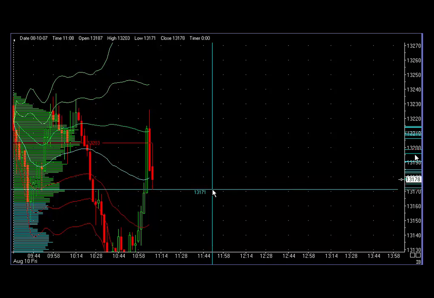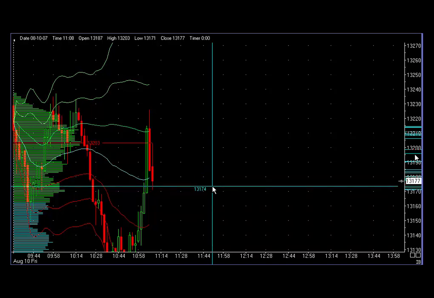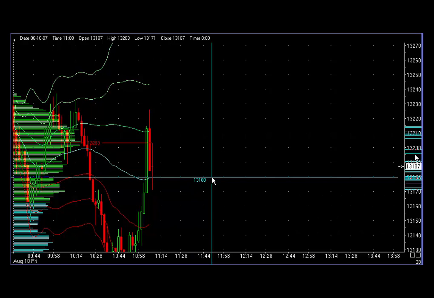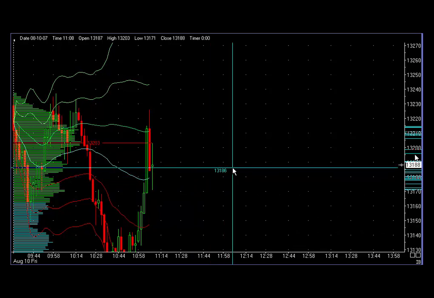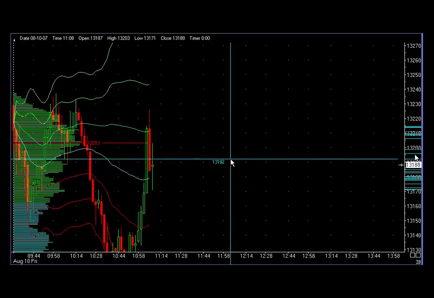You may have to take a loss in here. The price doesn't move right on the next bar. And price is coming back up. Okay, so we got a reversal there.